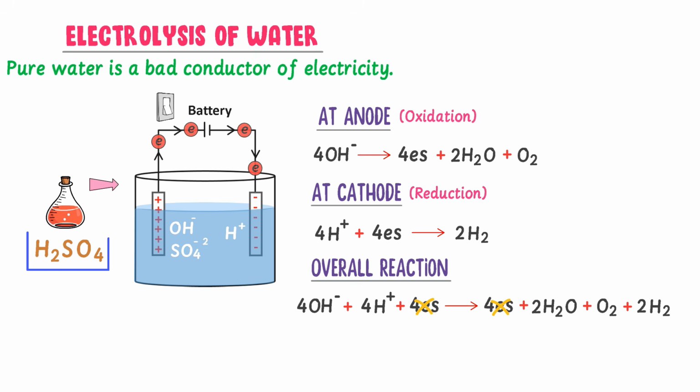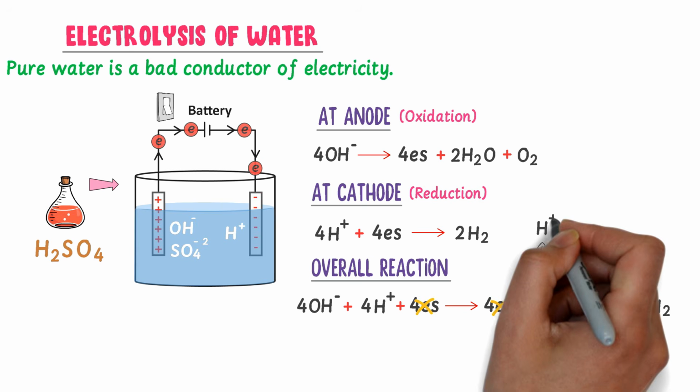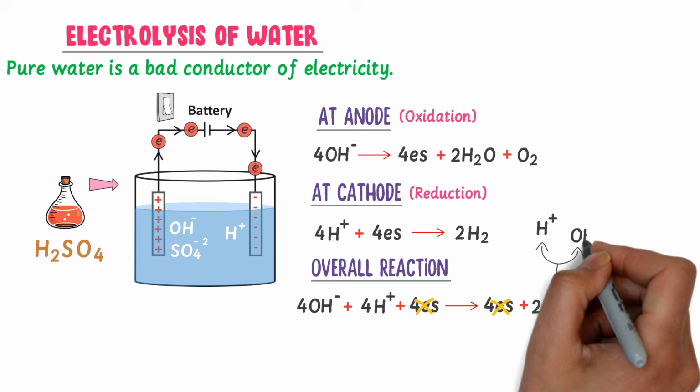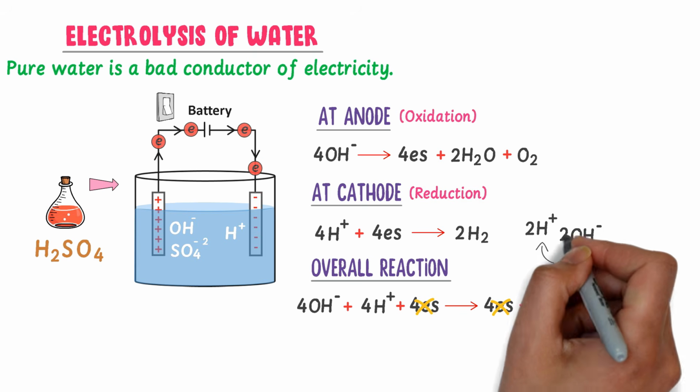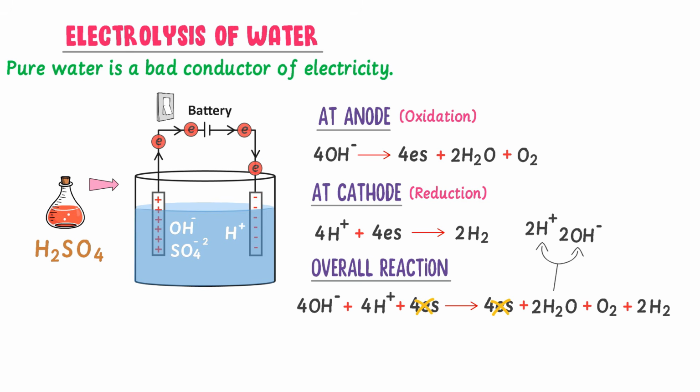Also we have added sulfuric acid to the water, which has ionized water into hydrogen ion and hydroxide ion. This 2H2O means 2 moles of water. We know that in 1 mole of water, 1 ion of hydrogen and 1 ion of hydroxide are present. So in 2 moles, 2 hydrogen ions and 2 hydroxide ions are present.